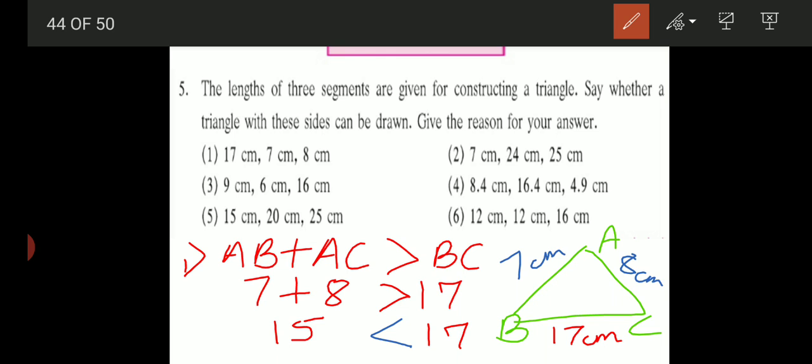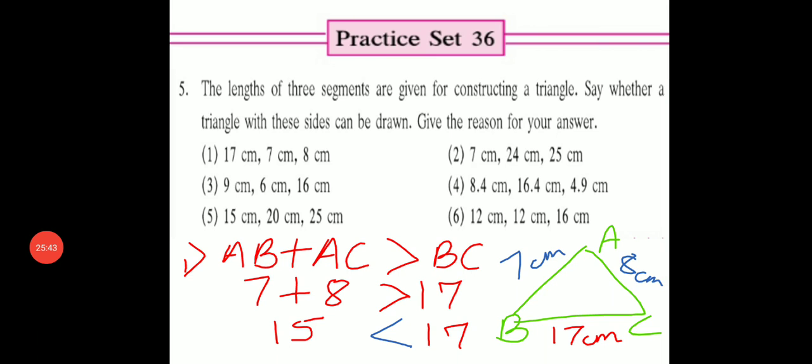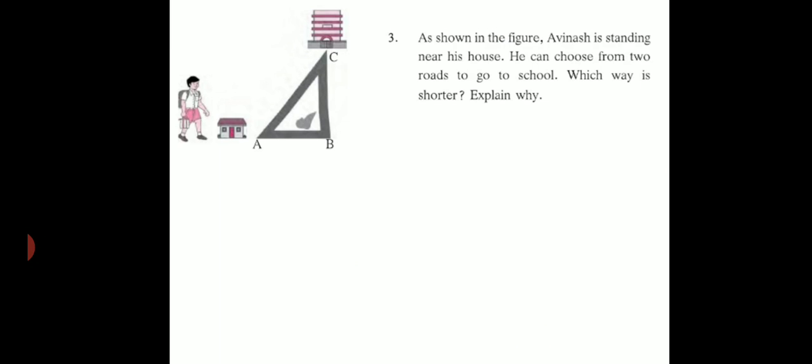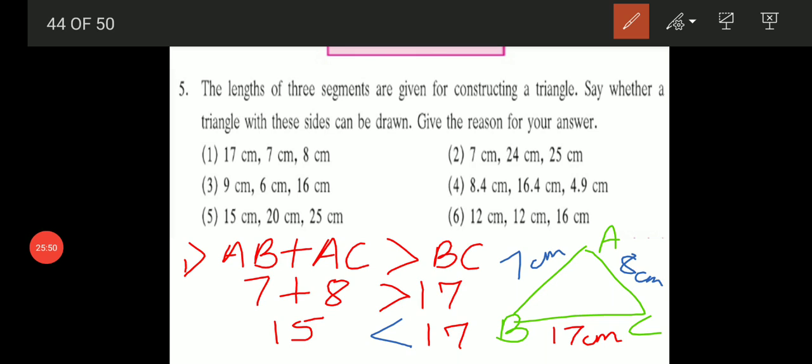Because of this, we can state that these three measurements given to you in this first sum will not let you construct a proper triangle. Why? Because it does not fulfill the second property of the triangle.